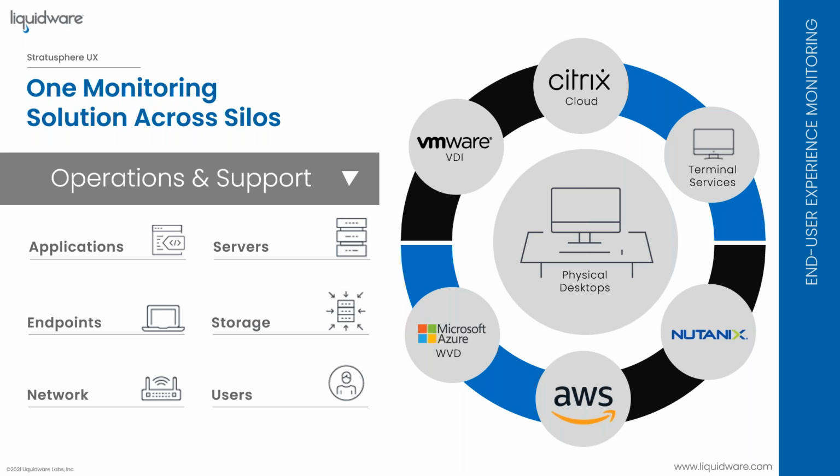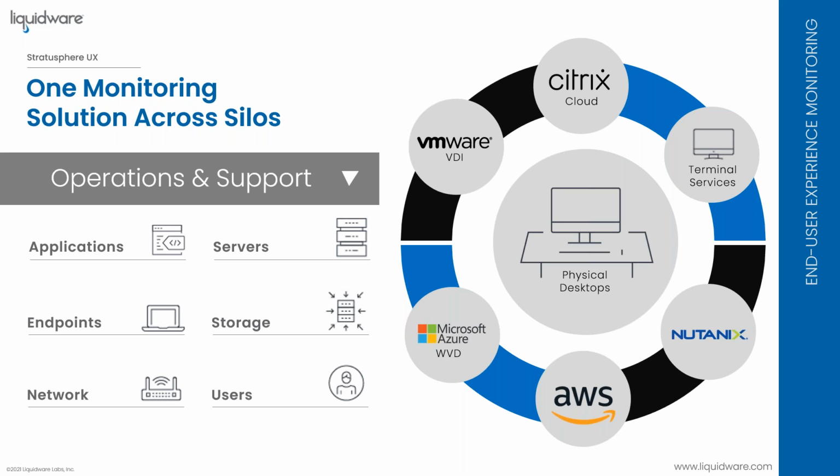So we'll track not only the user, the desktop, but also the application it's using, what endpoints you're using to access that desktop, network side, storage, server, even infrastructure or application server on the back end. And we need to get all that information into a single database to offer you that single point of view, that single pane of glass that allows you to see everything that may impact the user ability to access his workspace.